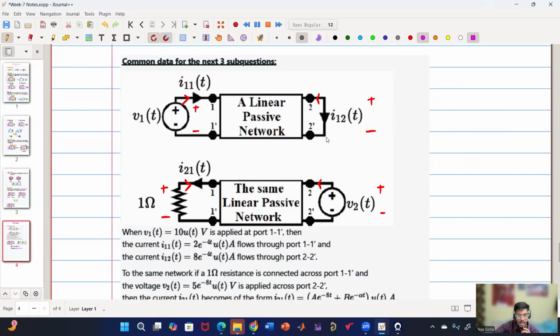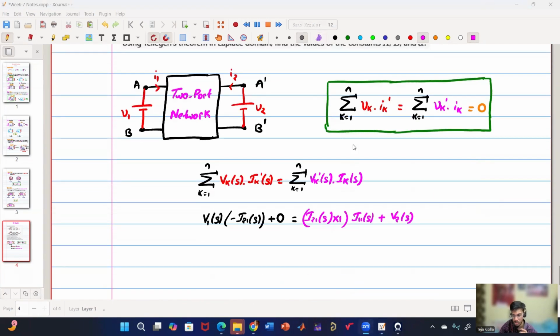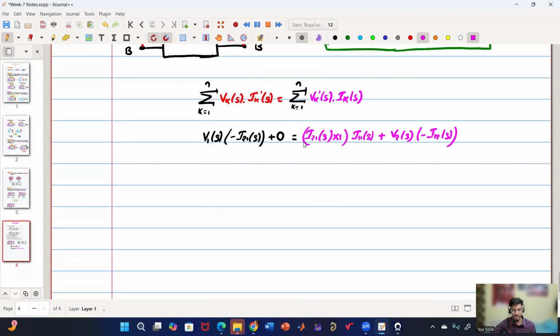So now what will be this current? Red color that I have shown. Minus I12 of S. Yes, minus I12 of S. So into minus I12 of S. So this is the expression that we have.